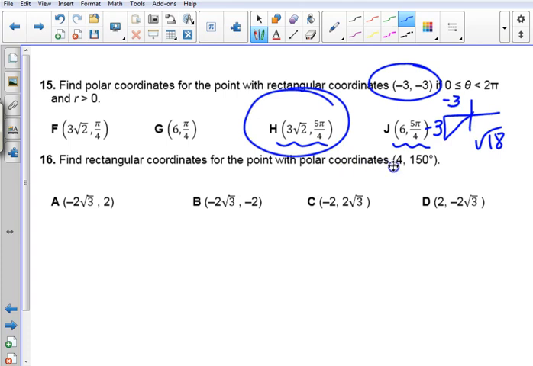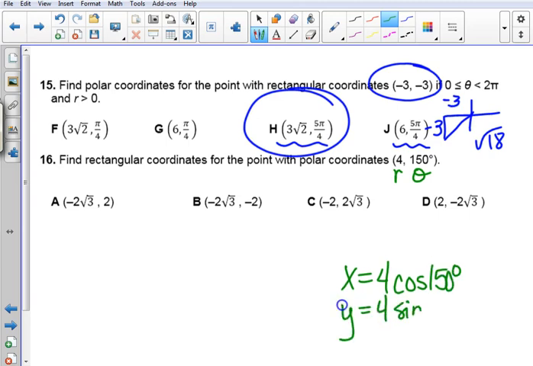Find rectangular coordinates for this point. How do you do this? You don't need to change it to radians. If you're given polar, you have an r and a theta, so you do what? Cosine of, oops, or sine of.